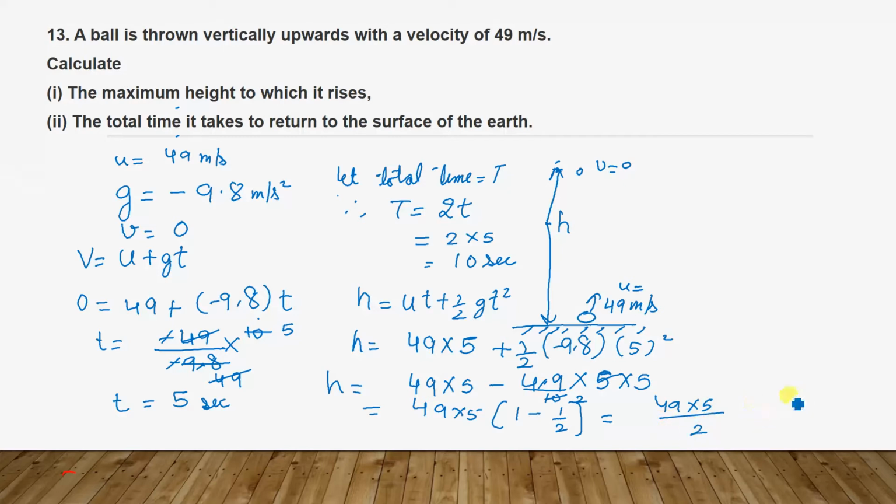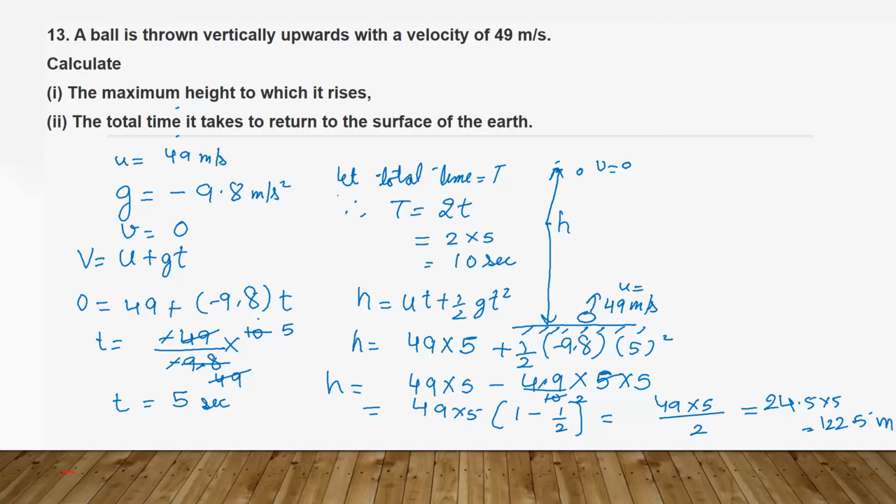Okay, dear? So what will be the answer? Yes, after solving, you will get the answer to be equal to 122.5 meter.